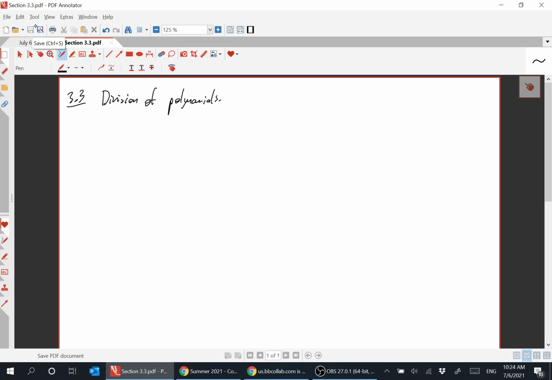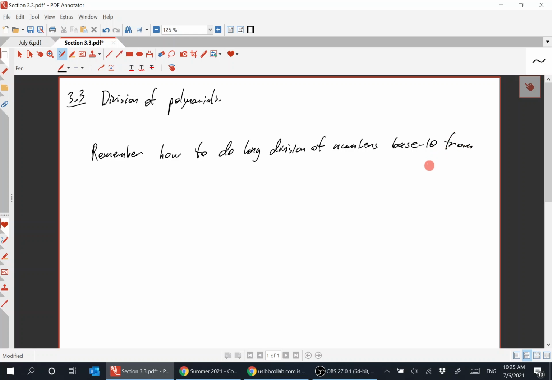So, by the way, y'all already know how to do this, because you all already know how to divide numbers, long division of numbers. So remember how to do long division of numbers base 10, right, from grade school.